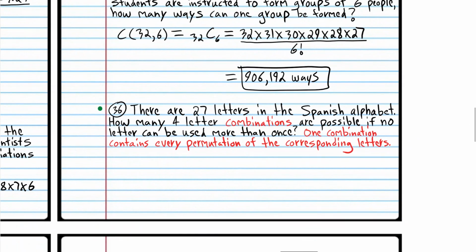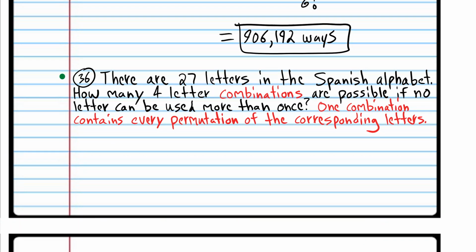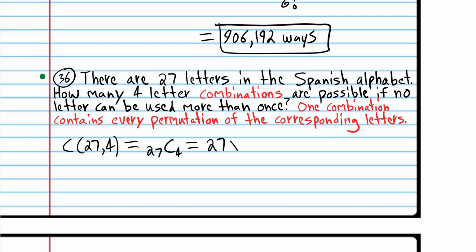Okay, we're back. So this is going to be C27, 4 or 27C4, however you want to say it. And we have 27 options for the first letter, and then 26 for the second letter, because we're not allowed repetition, and then 25, and then 24.